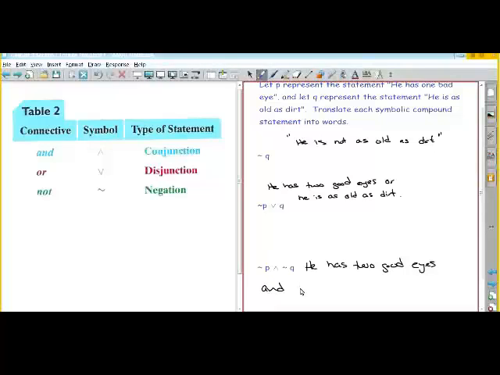This upside down V represents and, the negation of Q is he is not as old as dirt. So it's just a matter of, they don't have to be true. The logic statements don't have to be true. We just have to be able to translate between words and symbols.